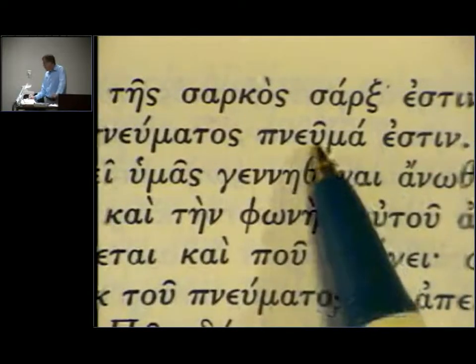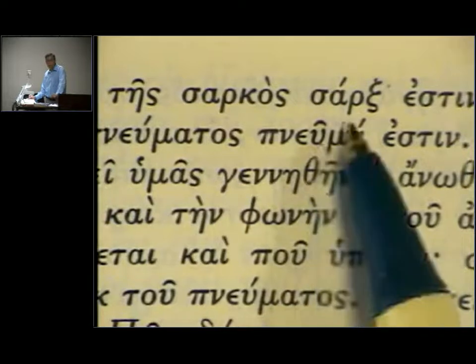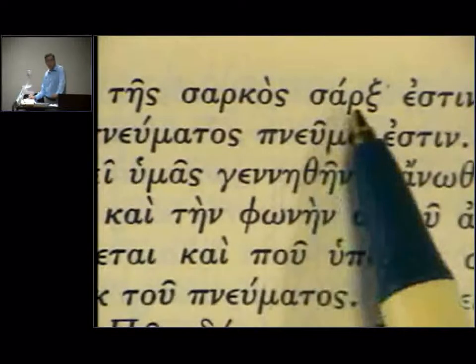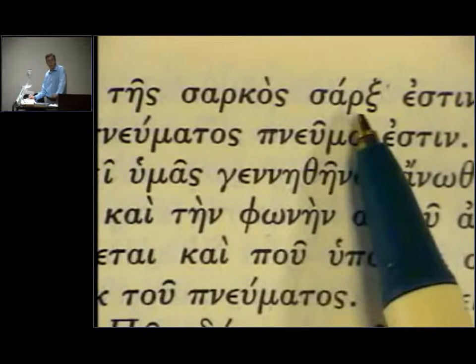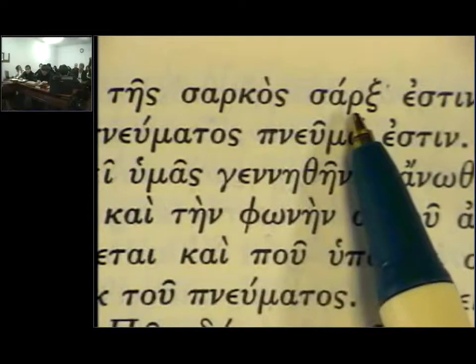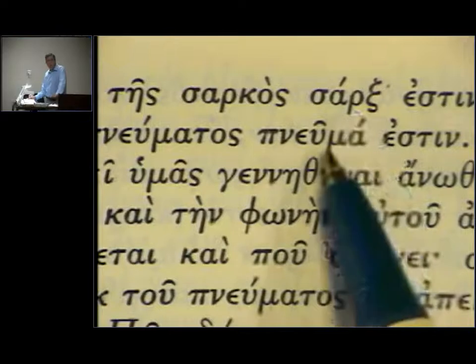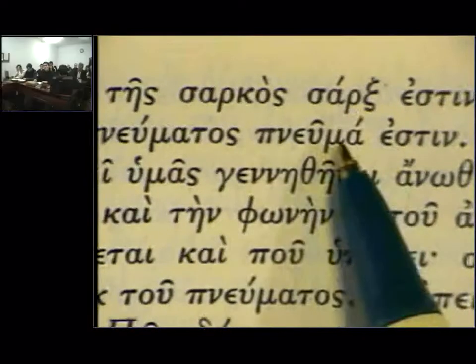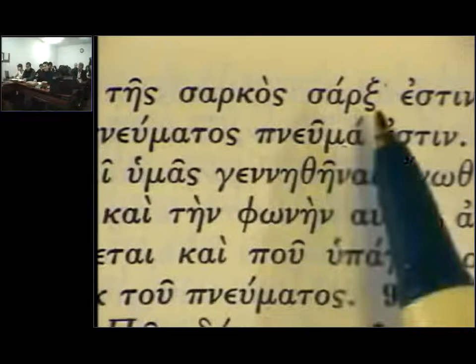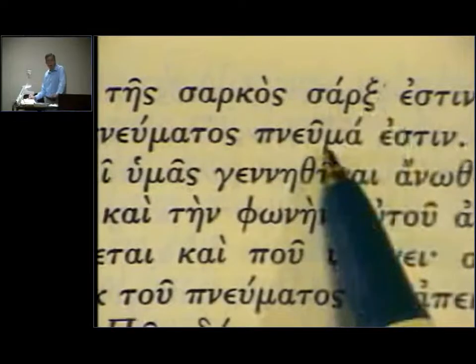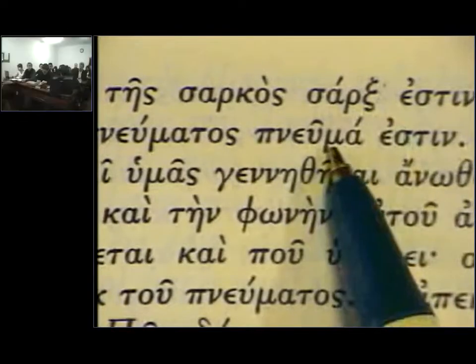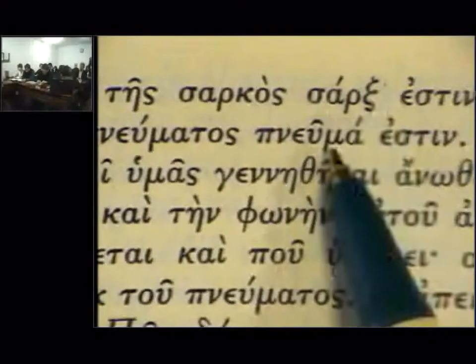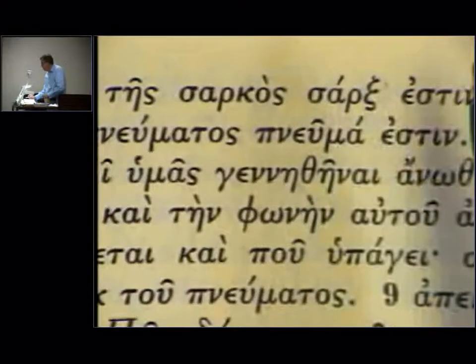So Jesus said that which is born of the flesh is flesh, sarx. But that which is born of the Spirit is spirit, pneuma. So sarx and pneuma, flesh and spirit.